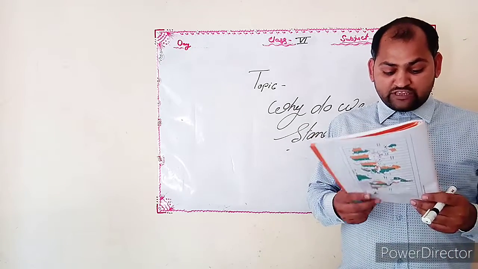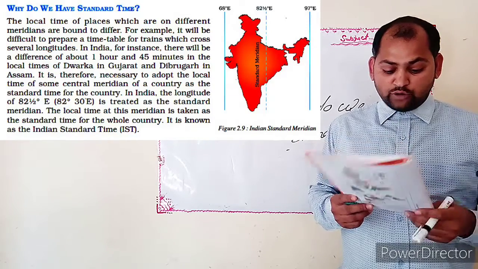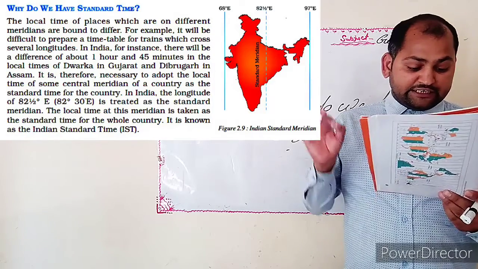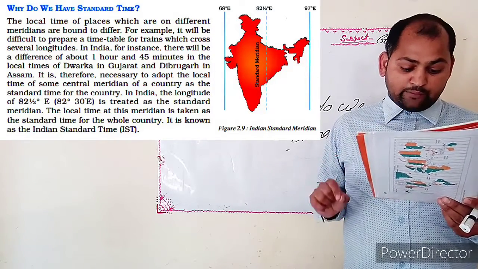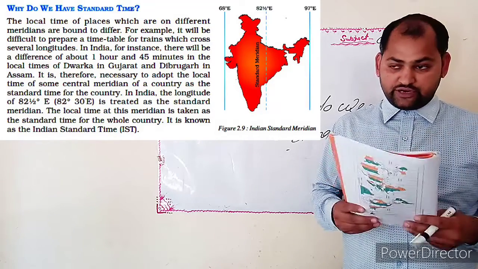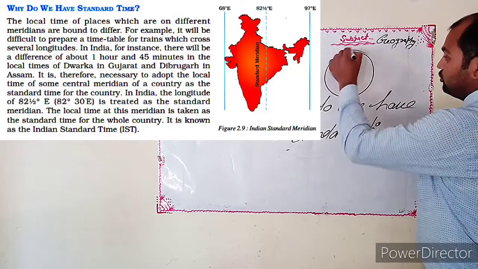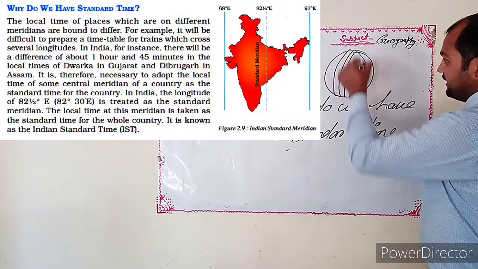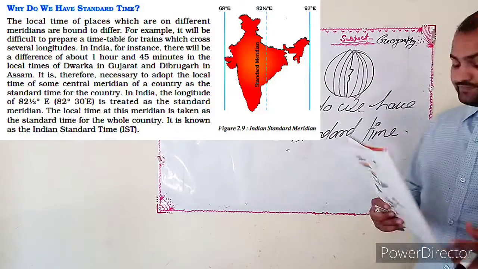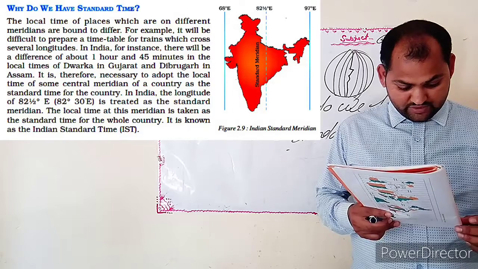The local time of places on different meridians is bound to differ. For example, it will be difficult to prepare a timetable for trains which cross several longitudes.